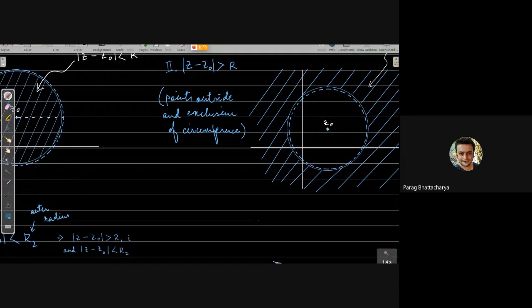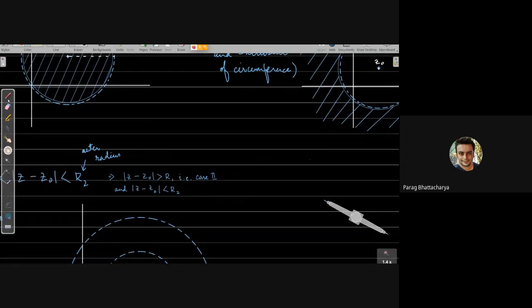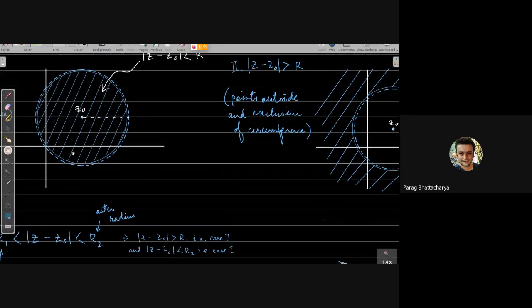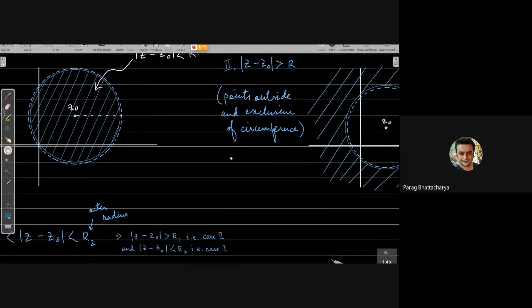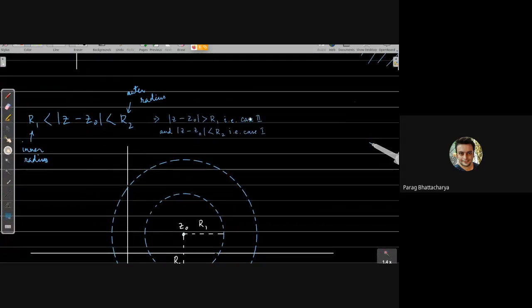And here |z minus z naught| is less than some radius. This is your case 1. Case 1 is the inner region, and case 2 is the outer region. Case 2 means outer points, case 1 means inner points.